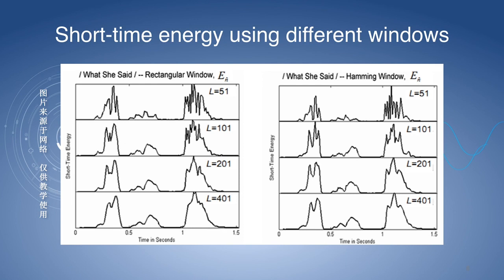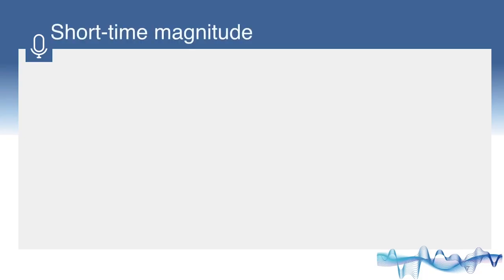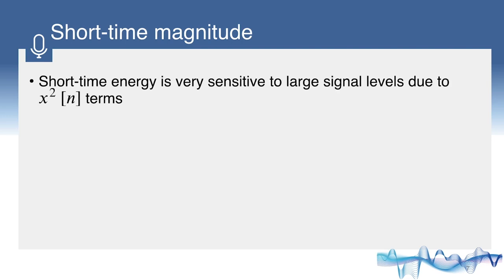As the frame length L increases, the plots tend to converge and the energies become smoother. Short-time energy provides a basis for distinguishing voiced from unvoiced speech regions, and for medium to high SNR recordings, it can even be used to find regions of silence or background signal. Short-time energy is very sensitive to large signal levels due to the square of the input signal.